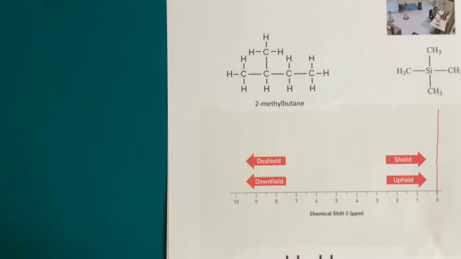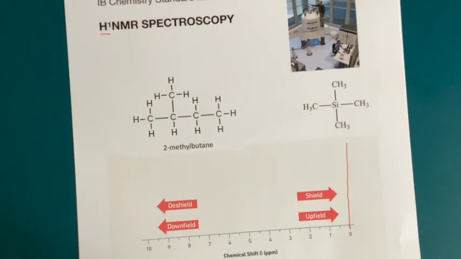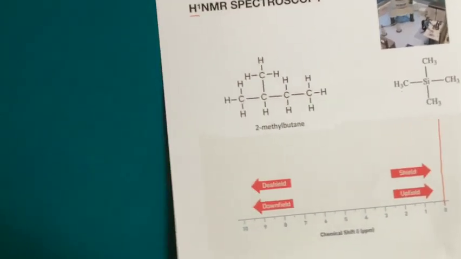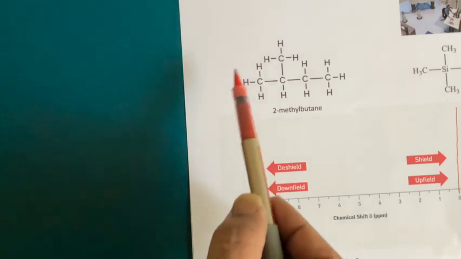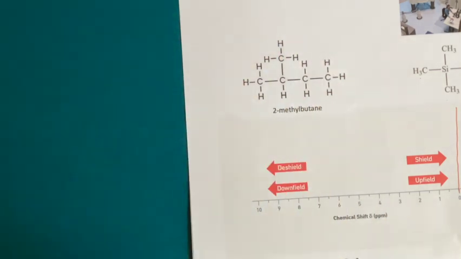And while TMS has one signal for its 12 hydrogens, 2-methylbutane is going to have 4 different signals because there are going to be different extents of shielding and de-shielding happening in the molecule because each of these hydrogens here are in slightly different chemical environments.